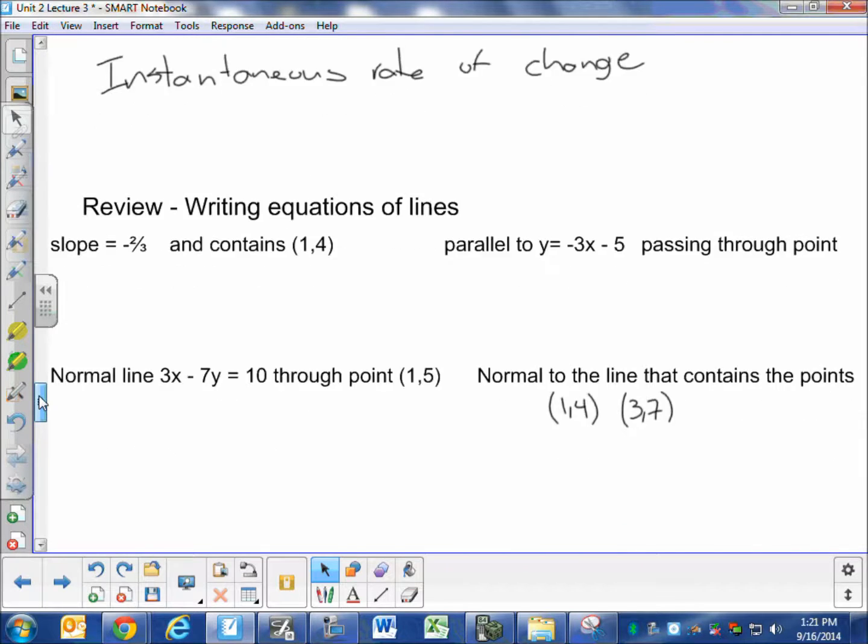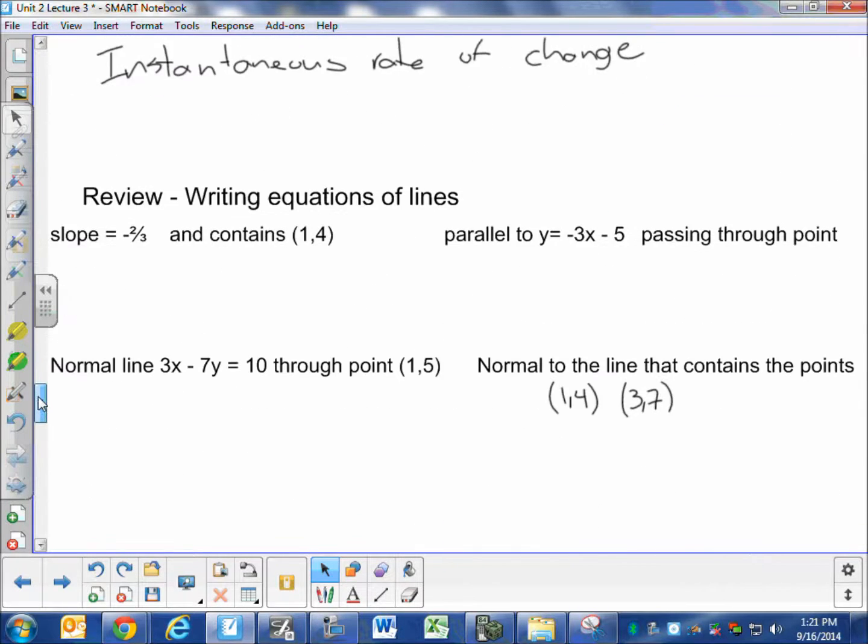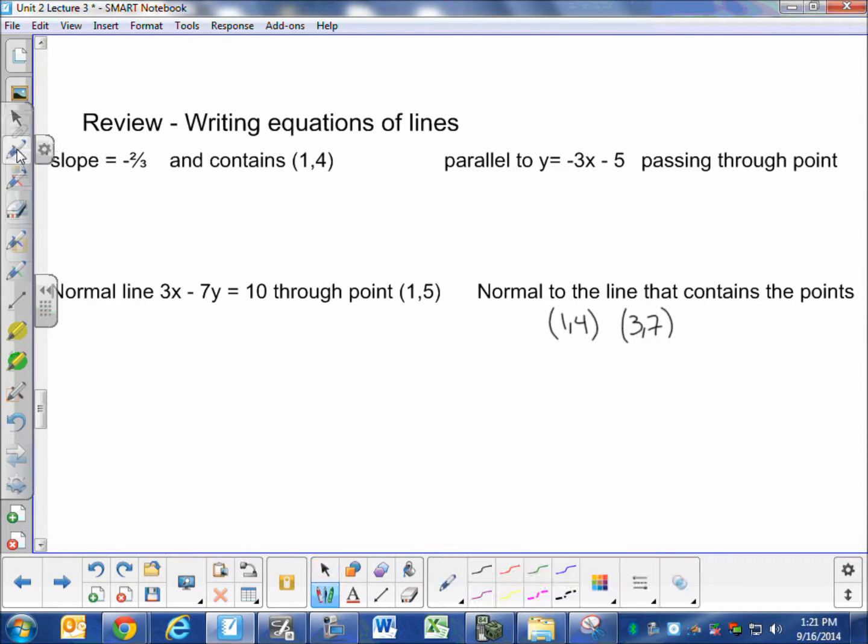Now, first we got to make sure we're comfortable writing equations given lines. We should all be familiar with the point slope form of equation. We should all be familiar that parallel lines have equal slopes. We should all be familiar with perpendicular lines having opposite reciprocal slopes.